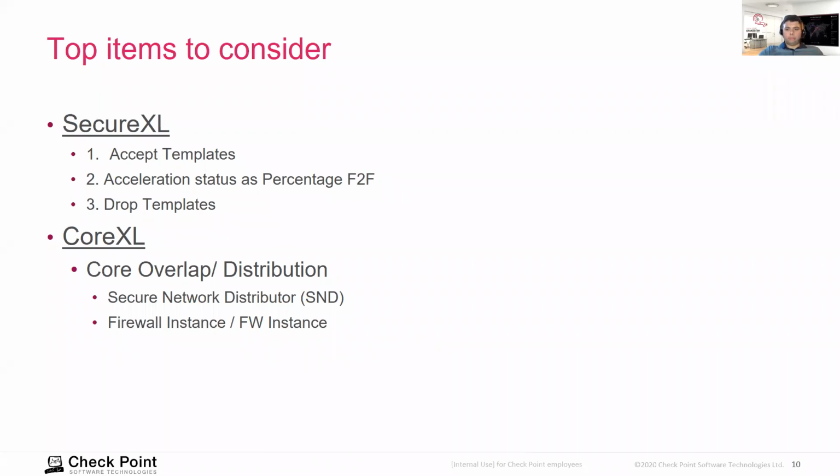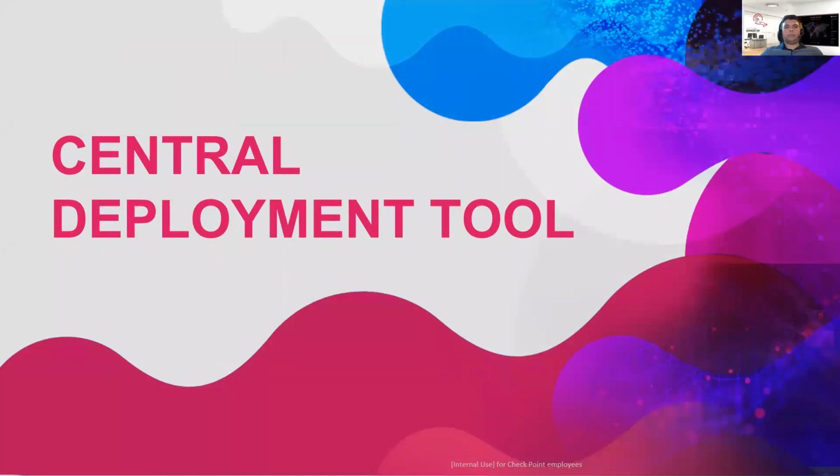So those are some of the top items that I suggest looking into under the health checks and the performance review of your firewall. So I'll go ahead and move on to the central deployment tool. And don't forget, there are panelists there to ask questions if you have anything that I didn't cover.